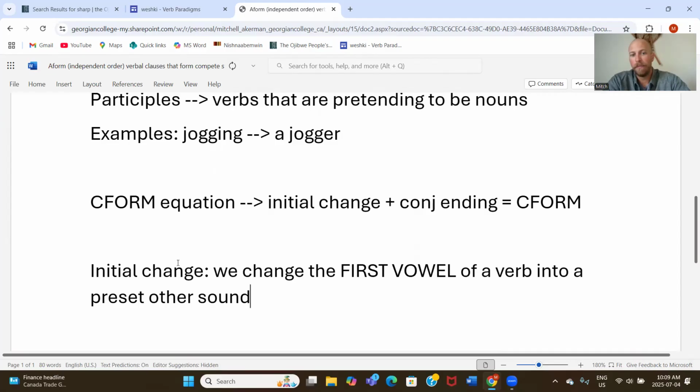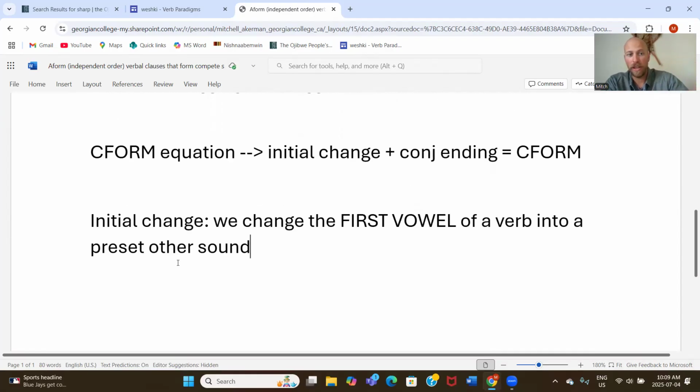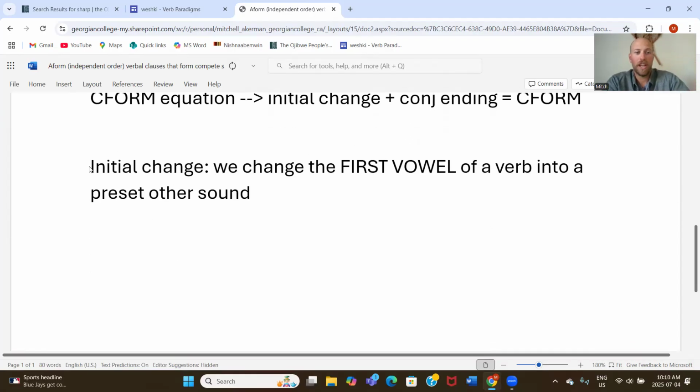And you'll see each of the seven vowels gets its own little preset change. So that's what initial change is. It's step one in making a C form verb. So let's look at what those initial changes look like.